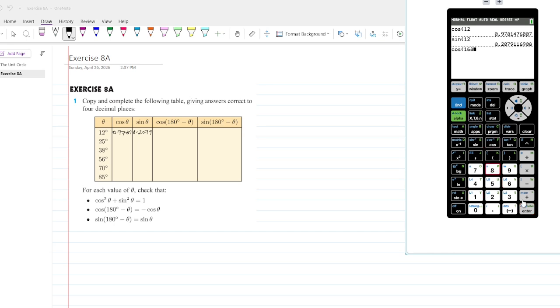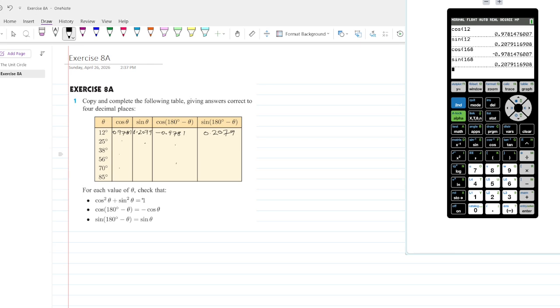Cos 168 is negative 0.9781. Sin of 180 minus theta is sin of 180 minus 12, that is sin 168. It is 0.2079. Now similarly, we can calculate all the values here.